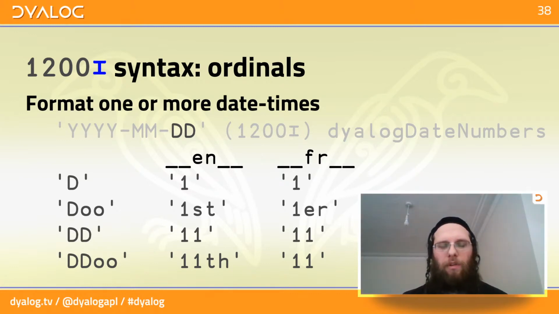So in French, on dates you only add the ordinal indicator on the first of the month. So if you specify the ordinal, then we make sure that it's blank for all the dates that don't need this. And again, you can use single and letter as well. That will chop it to just the first character if that's interesting.